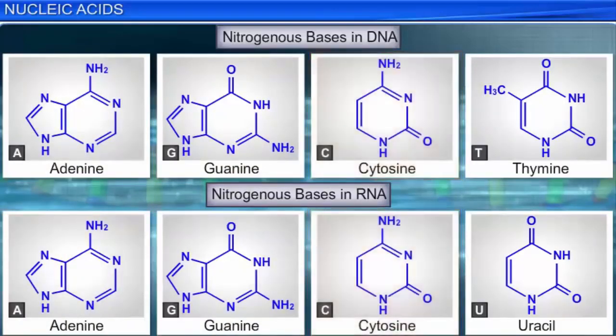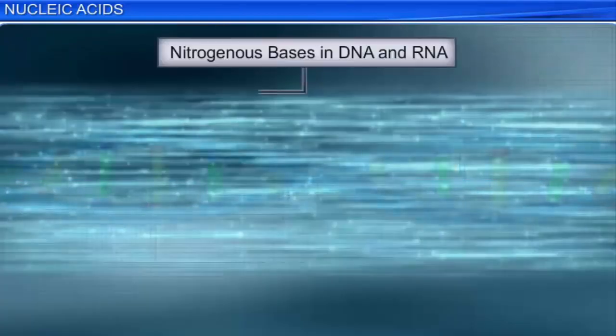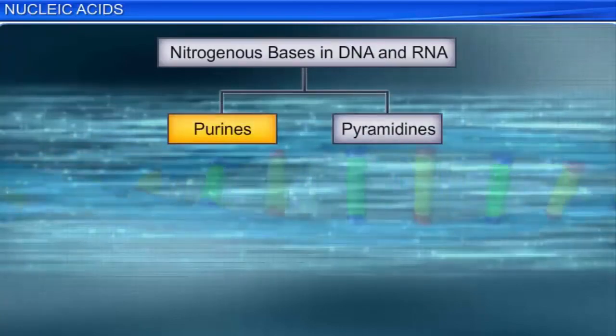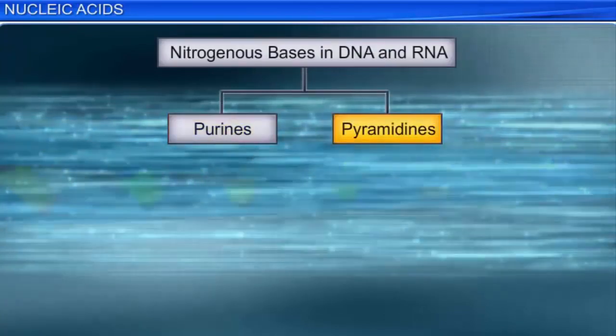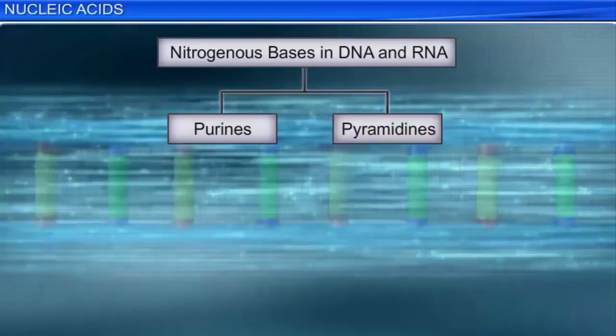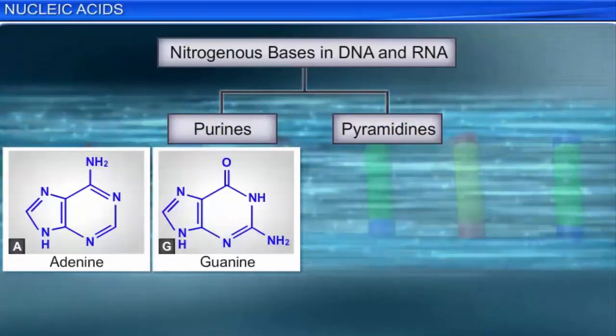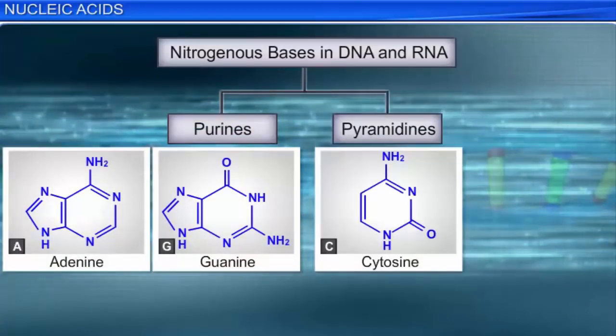On the basis of the structural similarities among the nitrogen bases, they are broadly categorized into purines and pyrimidines. Adenine and guanine are purines, while cytosine, thymine, and uracil are pyrimidines.